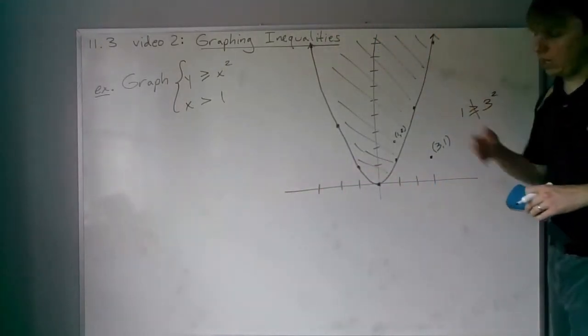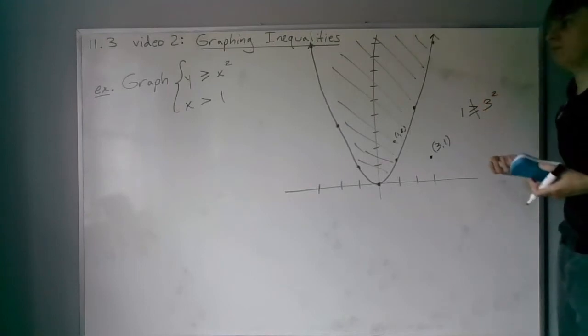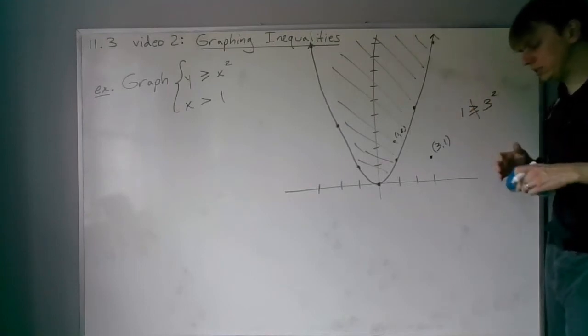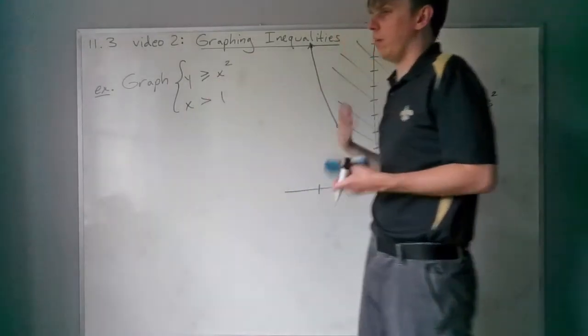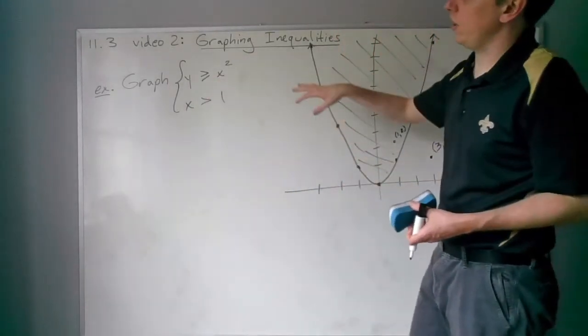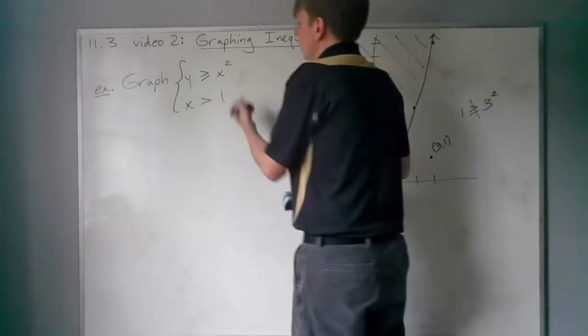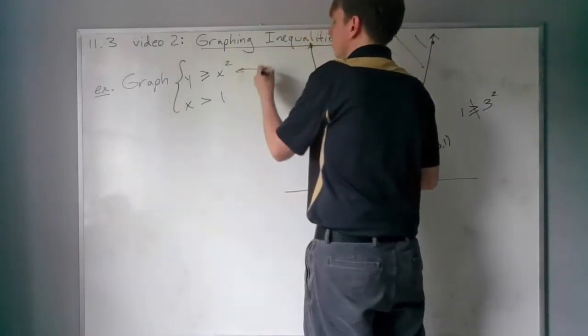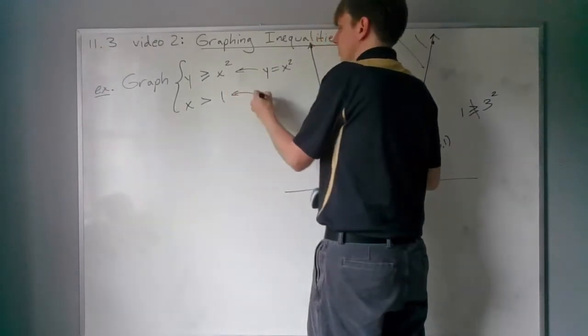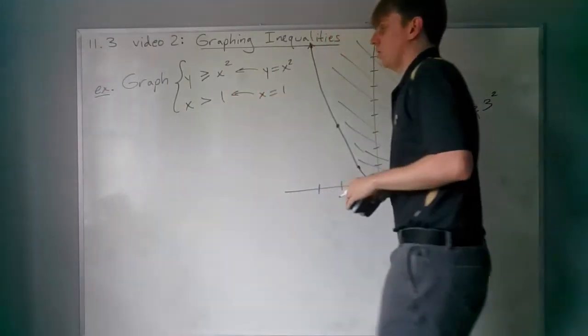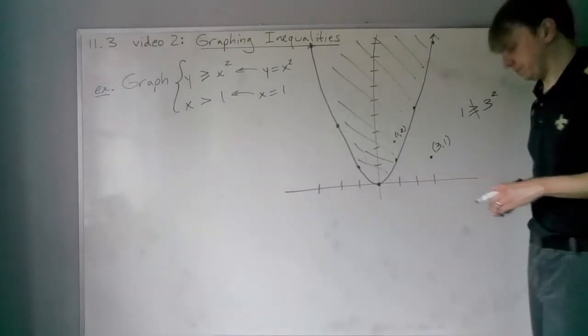Okay, so again, in order to figure out what a graph looks like in 2 dimensions, especially for inequalities, I need to know what the boundaries are going to look like. So before I get too far into this, I know that my boundary cases or my edges of the graph are going to look like the equations. So y is equal to x squared and x is equal to 1.